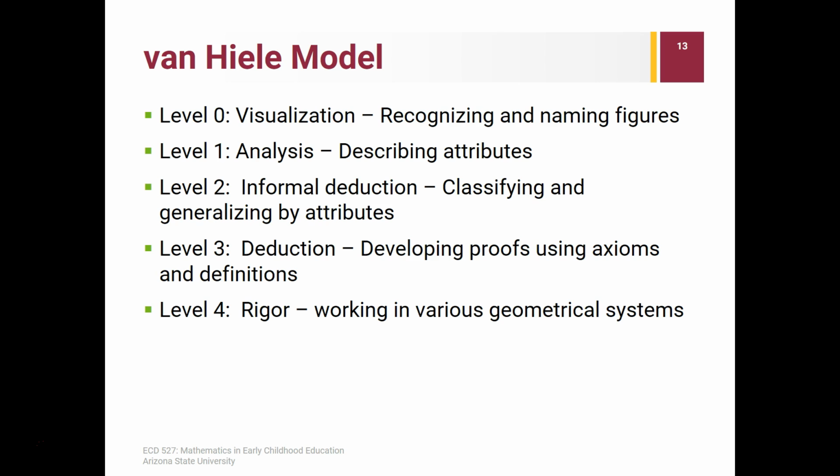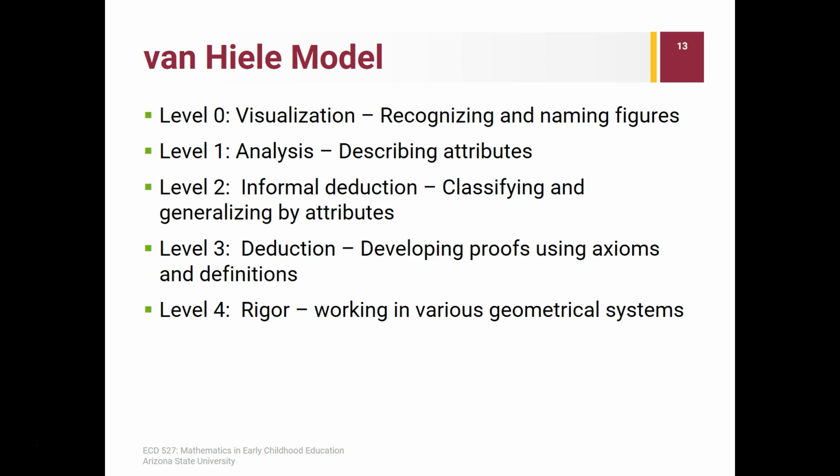In Level 2, Informal Deduction, children begin to classify and generalize by attributes. This is where the child is able to recognize that a square is a rectangle because it has 4 sides and 4 right angles. Level 3 is Deduction. Developing proofs and using axioms and definitions is a concept that is developed in high school mathematics courses.